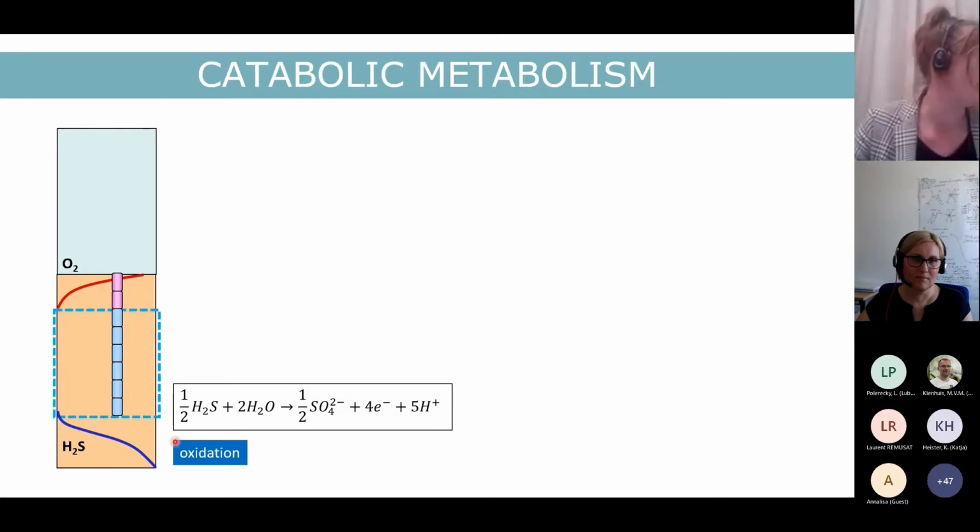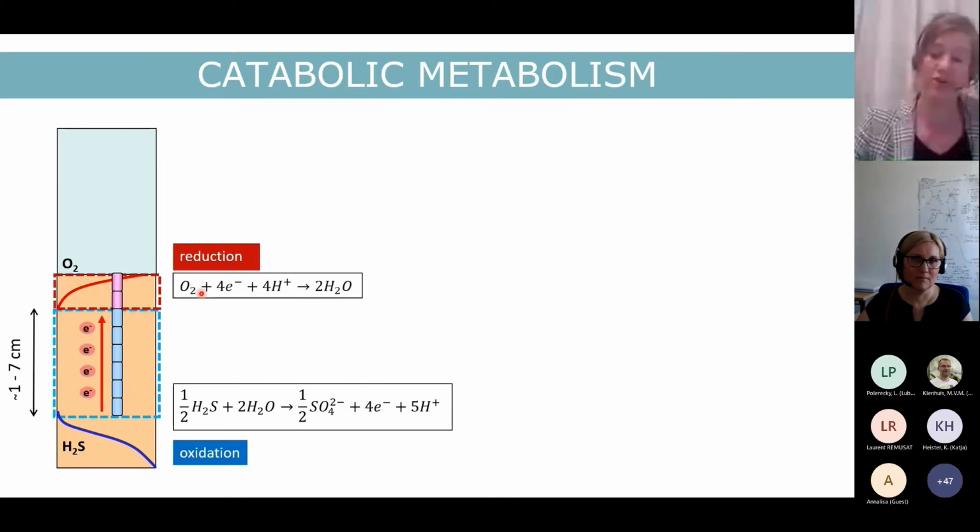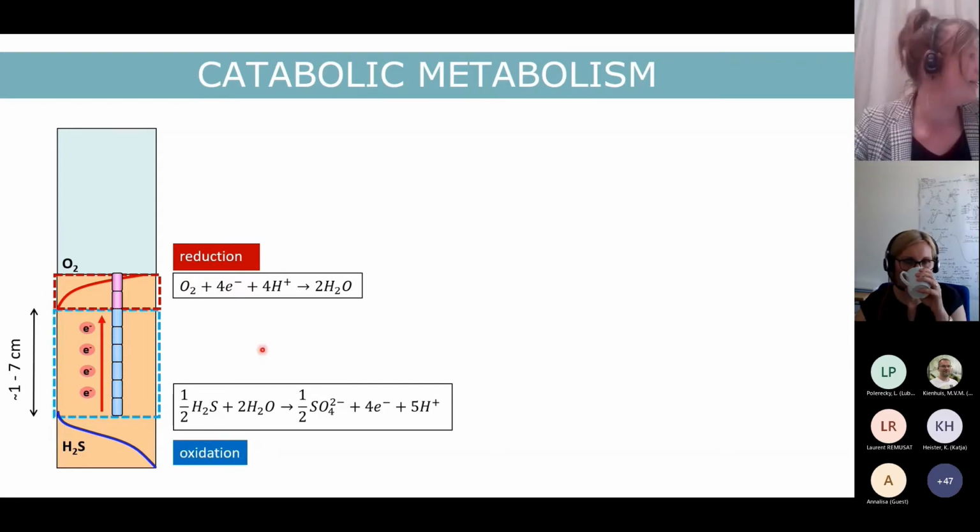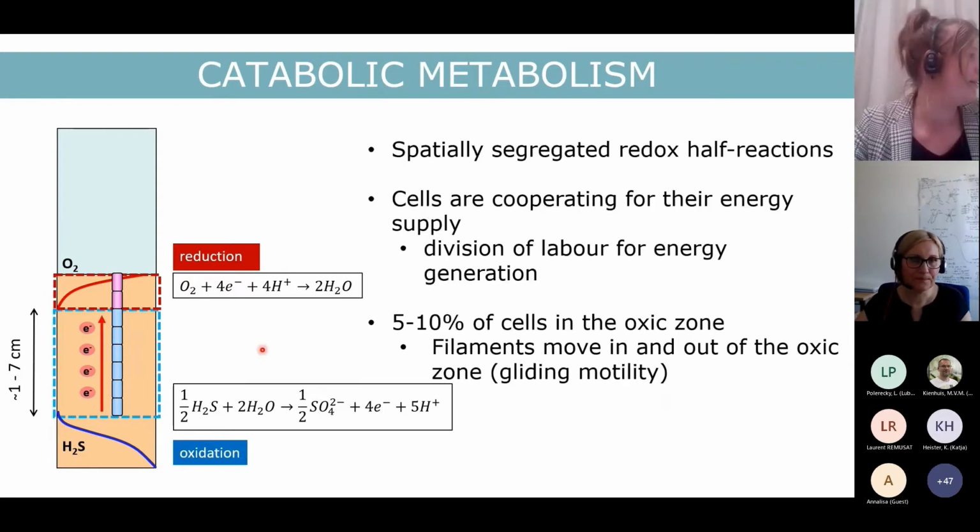This half reaction generates electrons, which you can see here. These electrons are transported upwards towards the oxic zone, where the cells in the oxic zone use these electrons to reduce oxygen. So in one organism, we have spatially segregated redox half reactions.